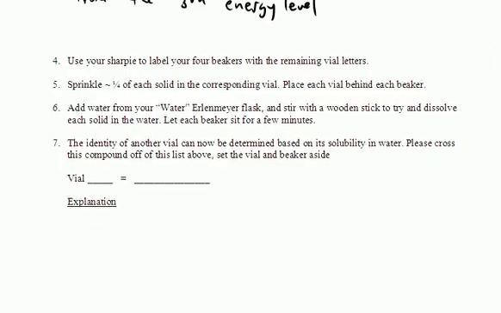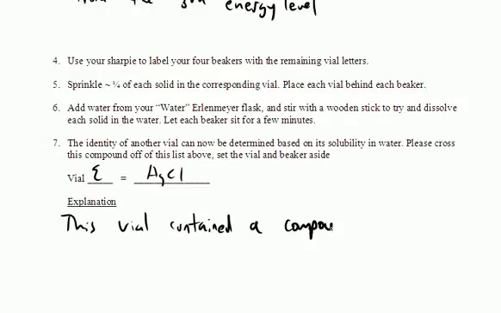Go down to number 7. It says which vial can be determined based on its solubility in water. This was vial E, which turned out to be AgCl. Okay, this vial contained a compound that did not dissolve.